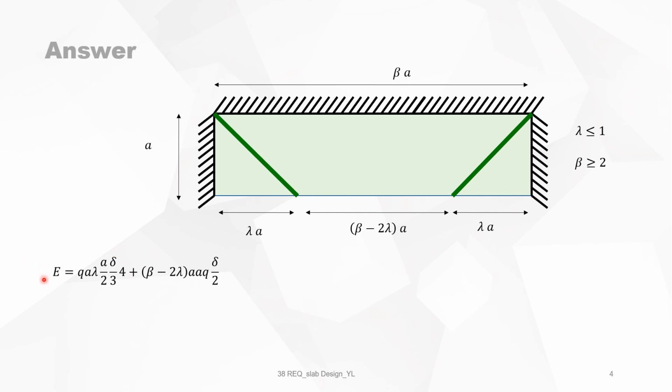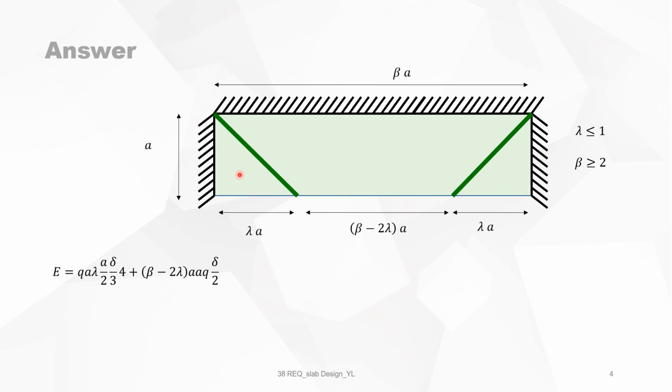The work done by the external forces is then equal, for instance, for this triangle, to lambda A times A divided by 2 times Q, and the mean deflection is delta over 3.